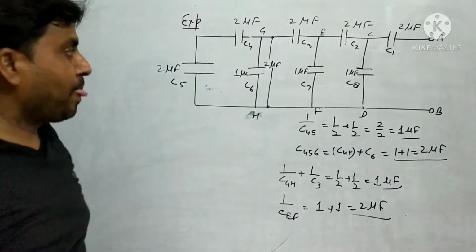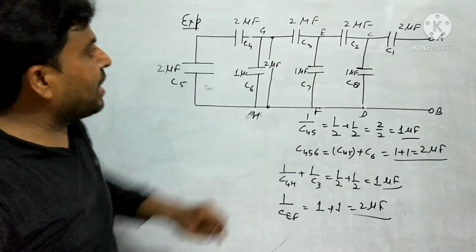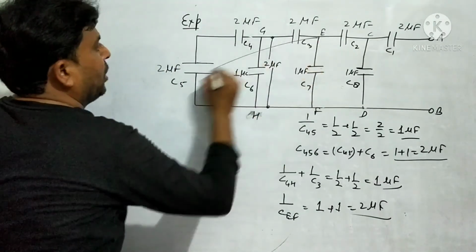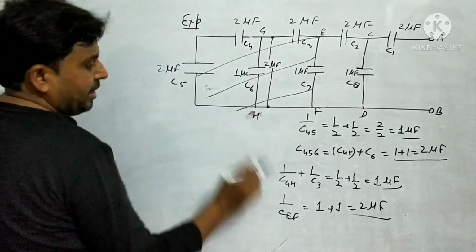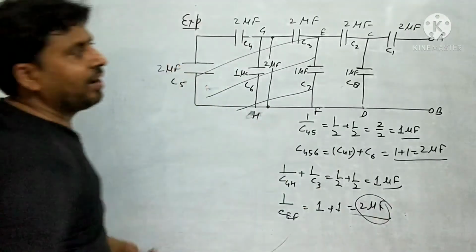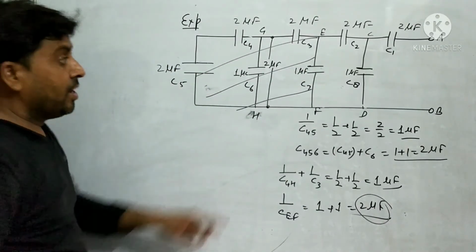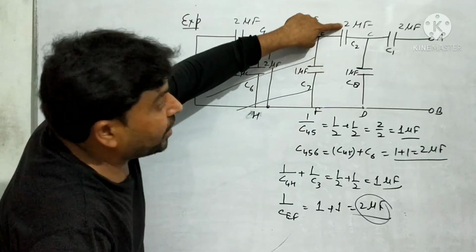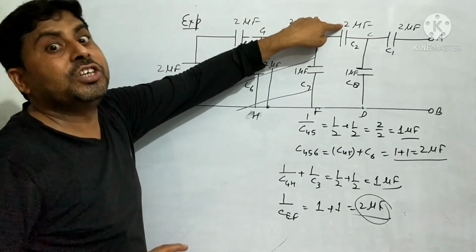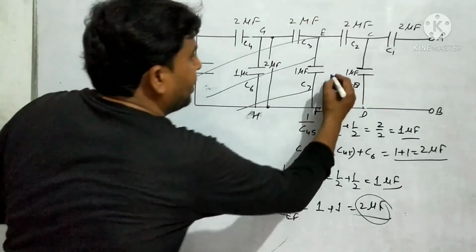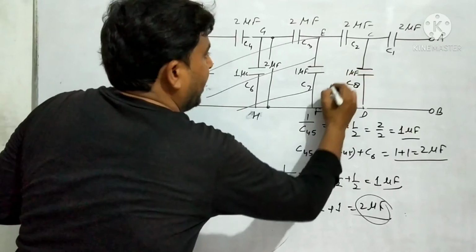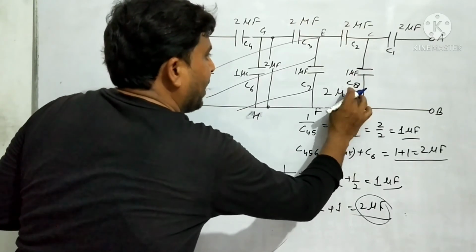Up to here, net capacitance 2 microfarad. Clear? Such 2 microfarad connect with that again in series. Same thing and same is here. Then it will also be 2 microfarad.